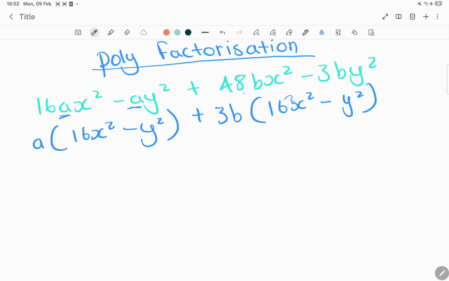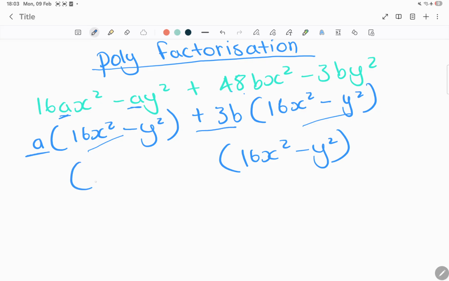Fine. Now that we have established the reason why we're doing what we're doing, do we notice something with our eyes? We notice that this bracket and this bracket are exactly the same. Therefore, we can afford to write it once because they are the same. And then we group the things that are outside of the 2 brackets, a plus 3b.